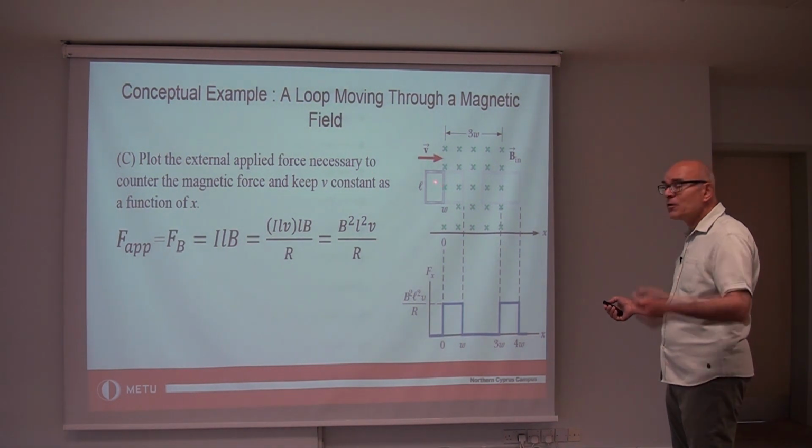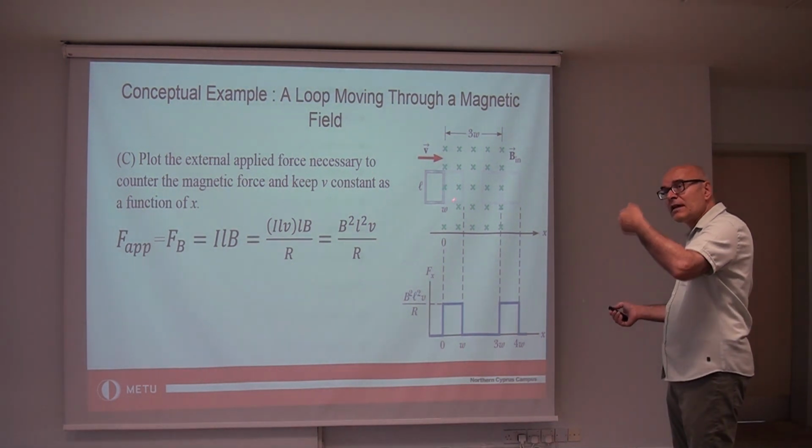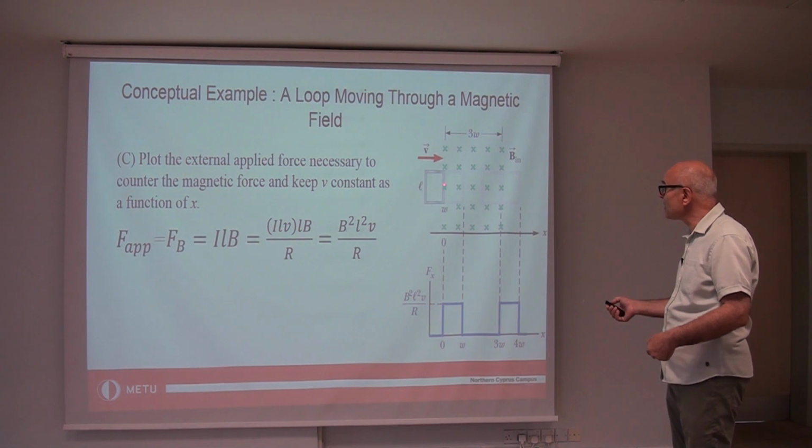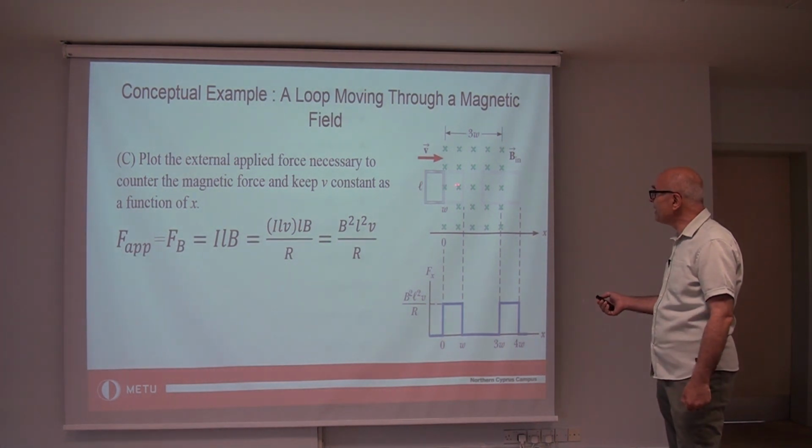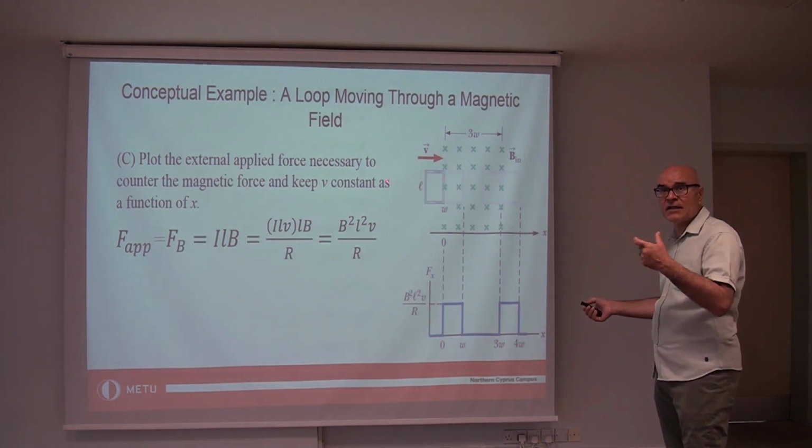So you need to have an applied force equal and opposite to this magnetic force in order to keep this moving with this constant velocity.